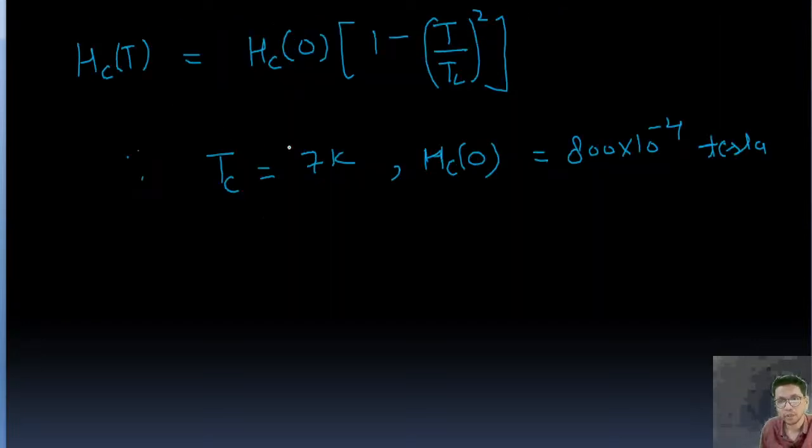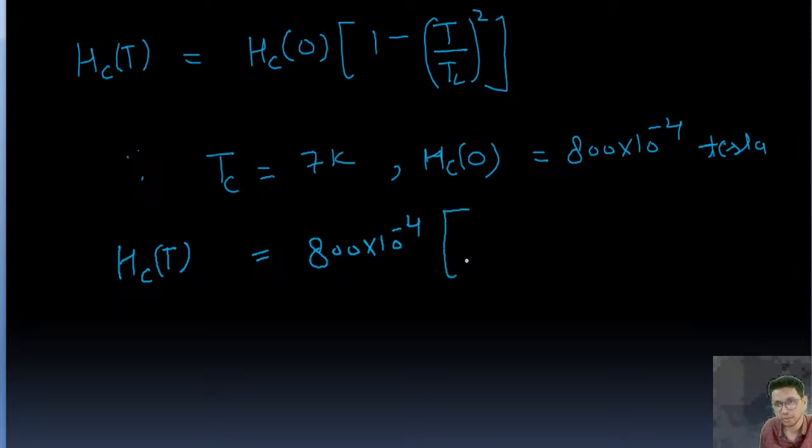So HC at 2 Kelvin is going to be 800 into 10 to the power minus 4 into 1 minus 2 upon 7, whole square.